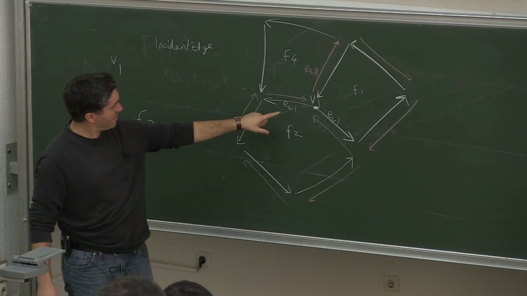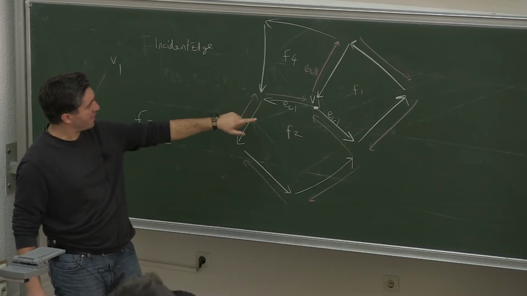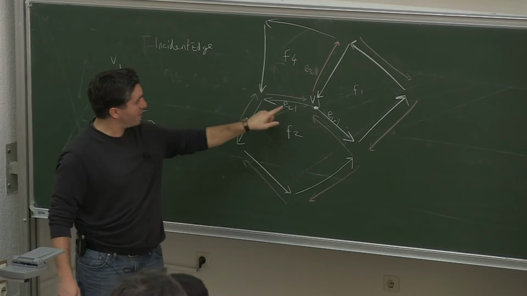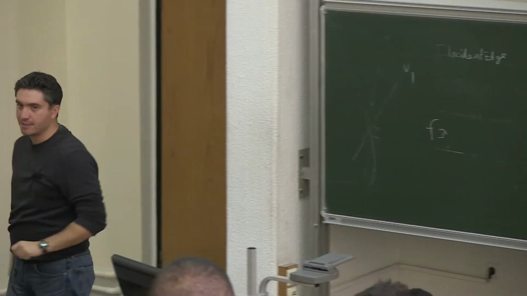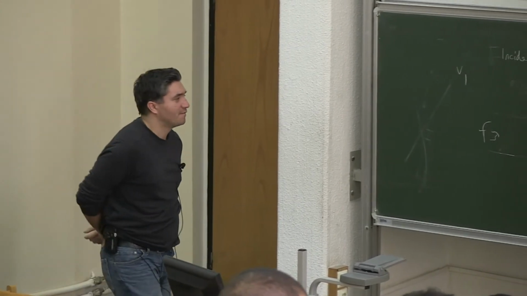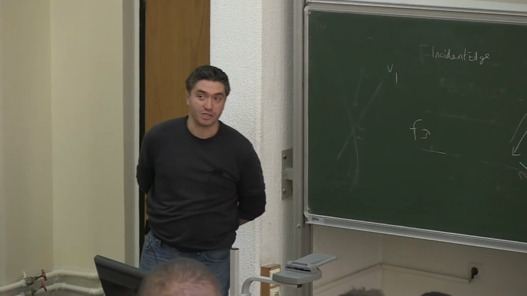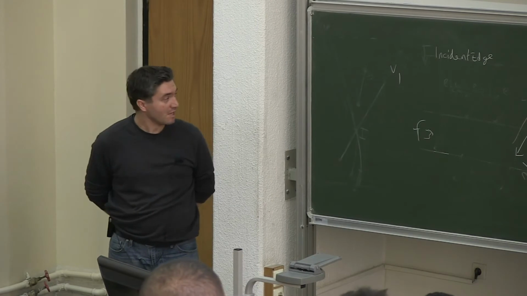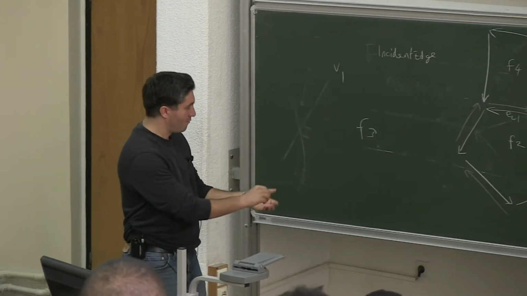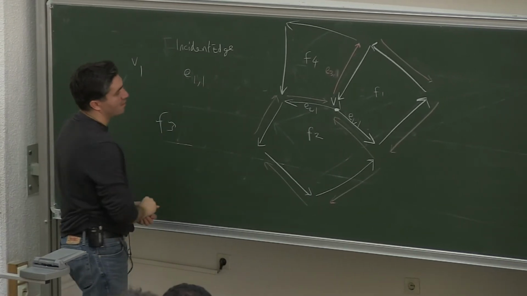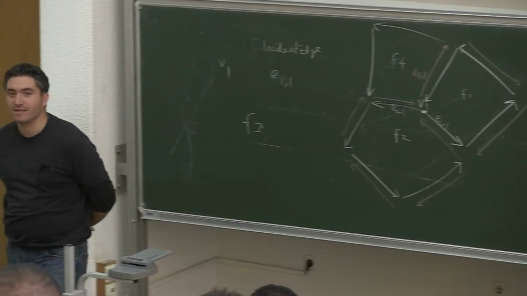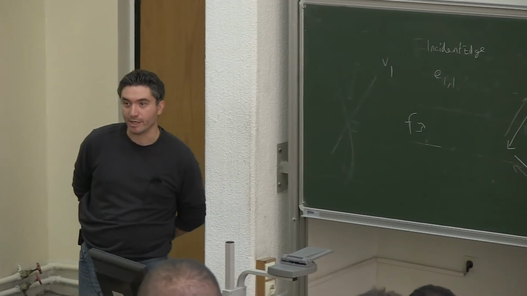But so everybody agrees I didn't do anything wrong, right? These E31, E11, and E21 are the three edges for which V1 is the origin, okay? Now, given one of these, E11 for example, will you be able to find E31 and E21?